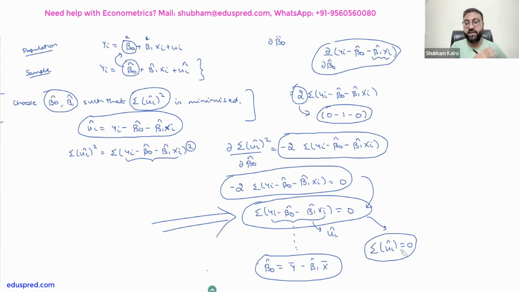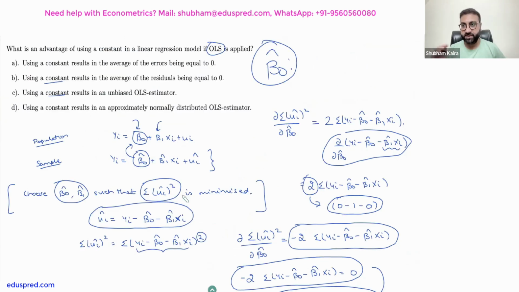We were trying to find the OLS estimator of beta 0, and within that procedure, we get the summation of ui hat equal to 0. I'm sure you know very well that if the sum of a variable is equal to 0, then the mean of that variable is also going to be equal to 0. That means the sum of residuals equal to 0 implies that the average of the residuals is also equal to 0. So part B is the correct answer, and this is the mathematical proof of that.